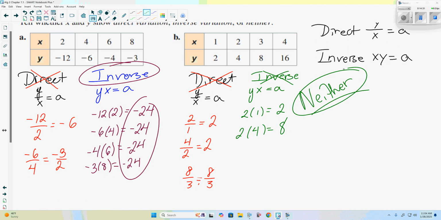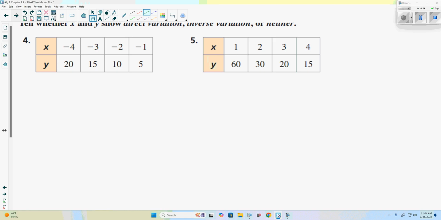As soon as we get one that doesn't work, we can immediately cancel it out. But if it continues to work, we need to make sure we check all the numbers that are given. Because it could be that it worked on the first 3 numbers they gave us and not on the 4th. So we got to make sure. Questions about this here?